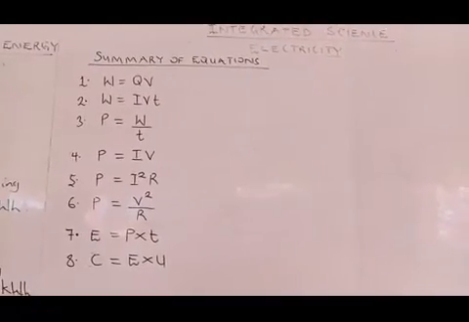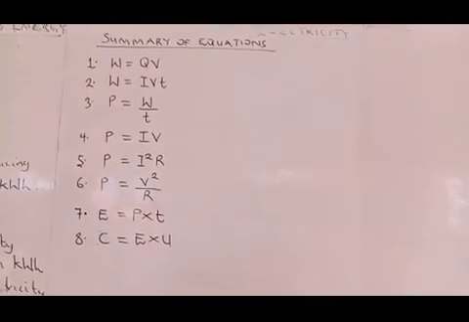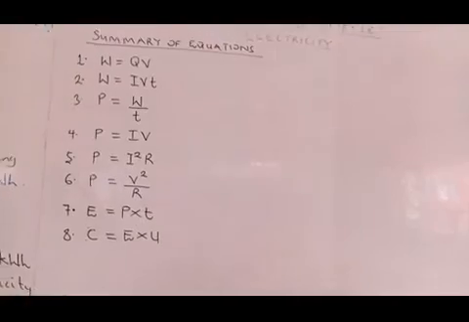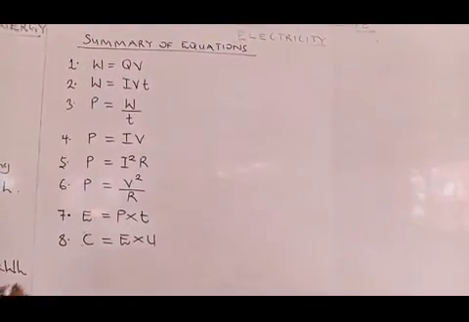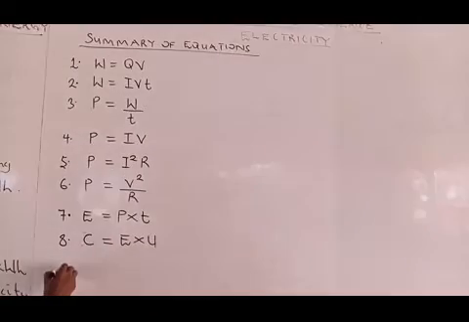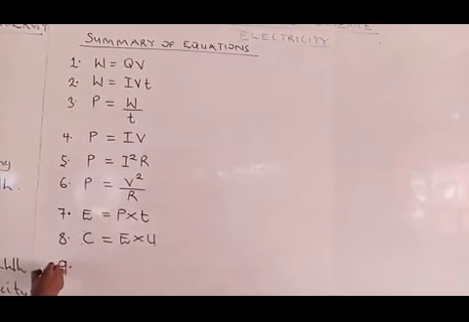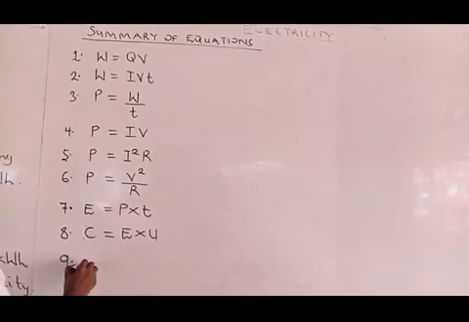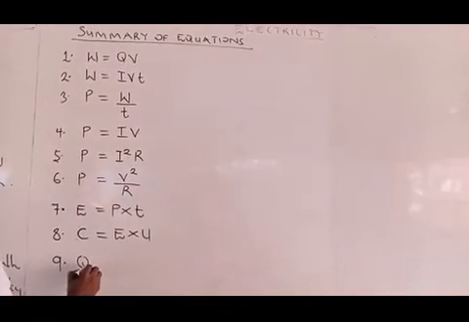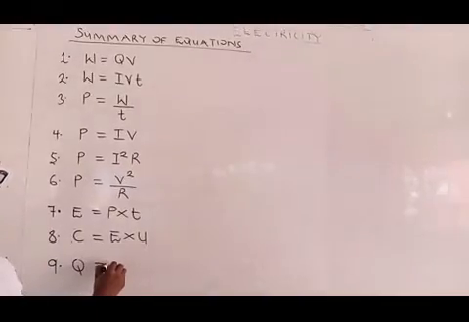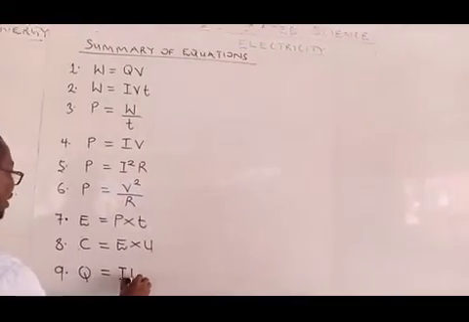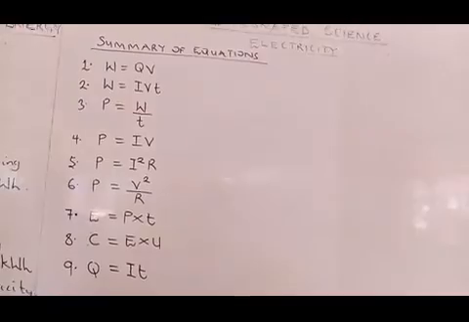So these are some of the equations we came across. And also don't forget, probably I should have started with this, we said that your charge is equal to the current times the time.